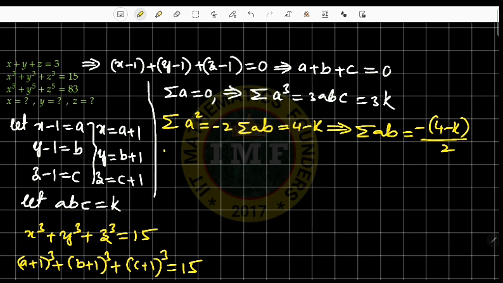Now let us find sigma a power 4. That is sigma a square whole square minus 2 times sigma a square b square.